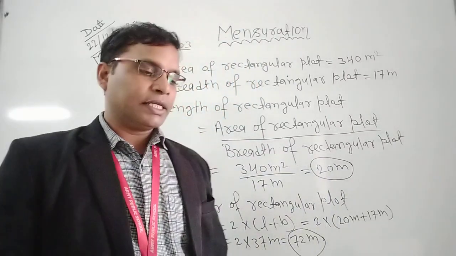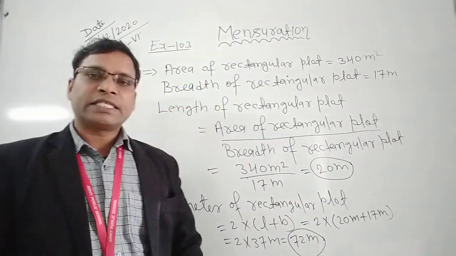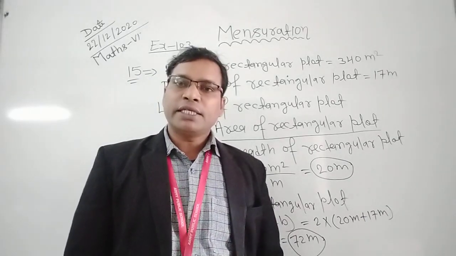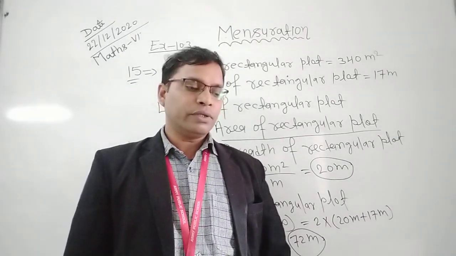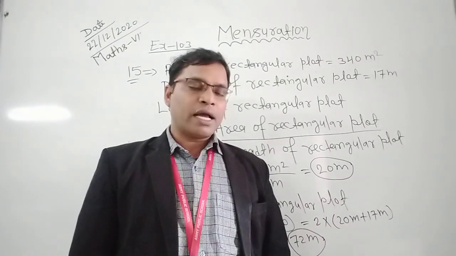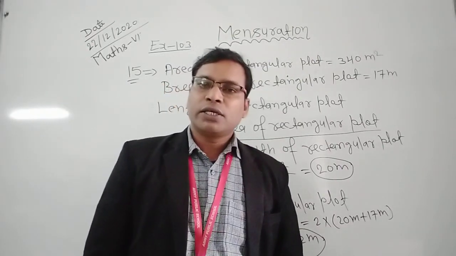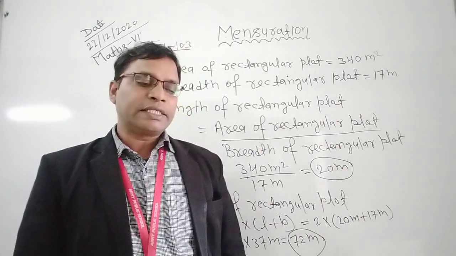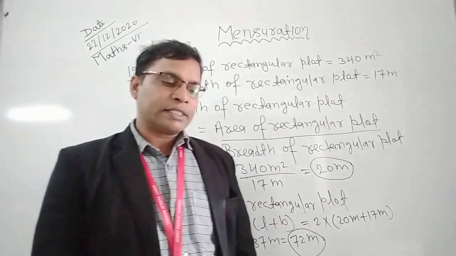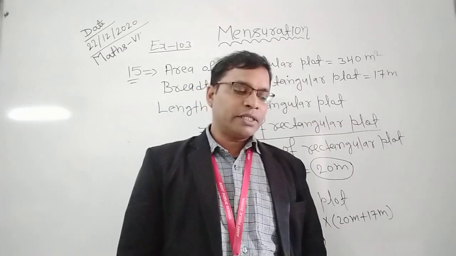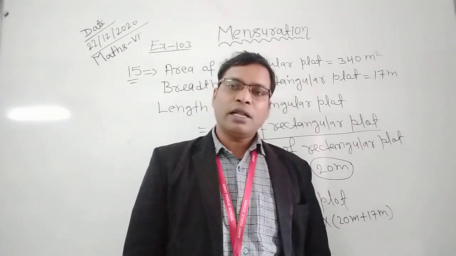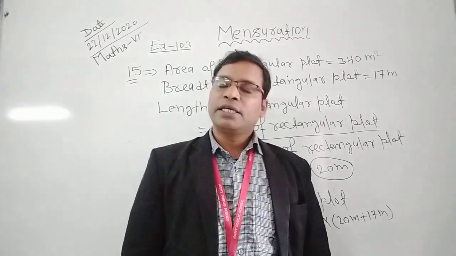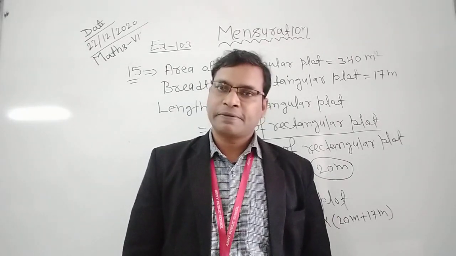Question number 16. If the area of a rectangular plot is 144 meters square and its length is 16 meters, find the breadth of the plot and also find the cost of fencing at the rate of 6 rupees per meter.